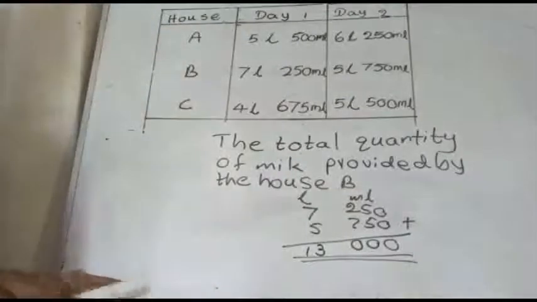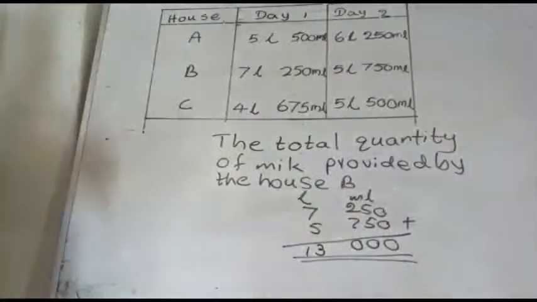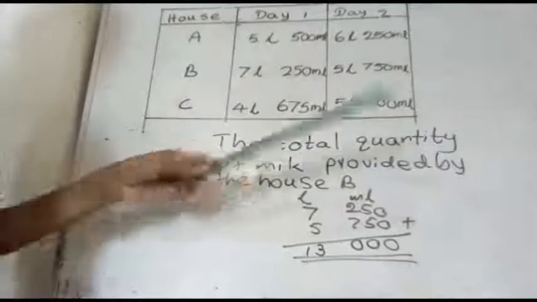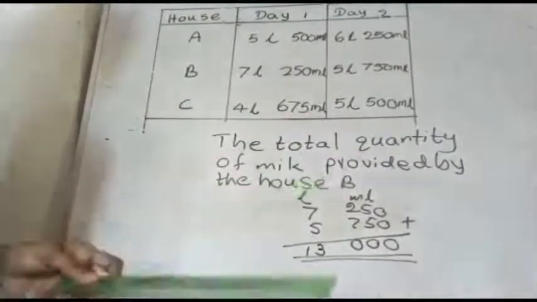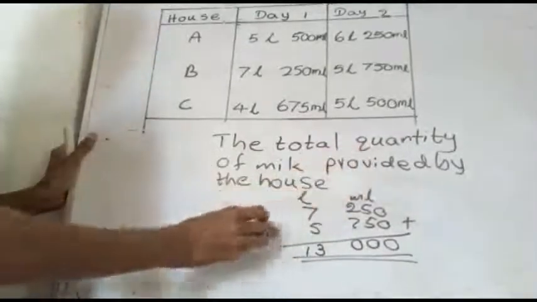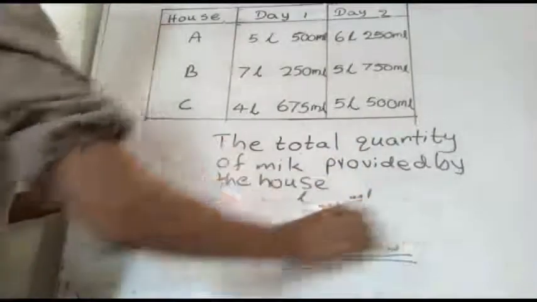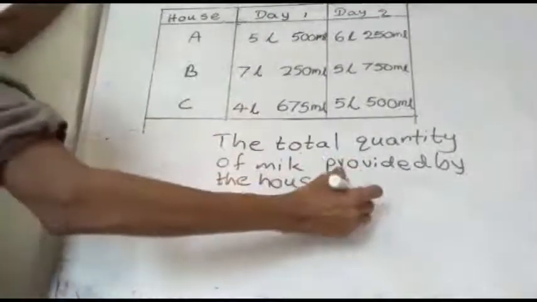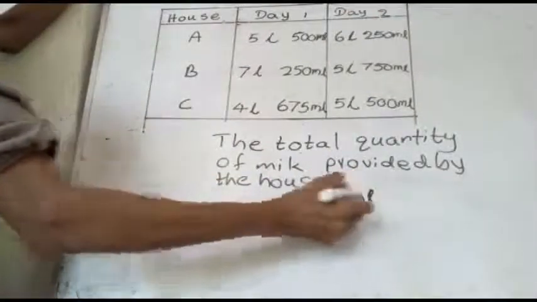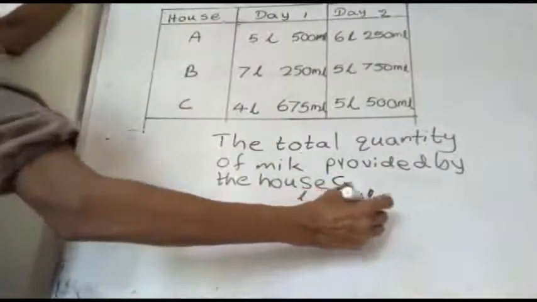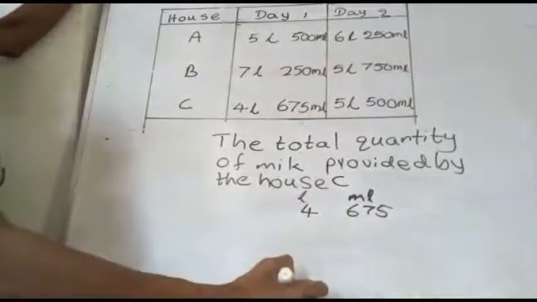Find separately. Separately means venama. We find the total quantity of milk provided by the house B. Again, we find the total quantity of milk provided by the house C. Liters and milliliters. On first day 4 liters and 675 milliliters.